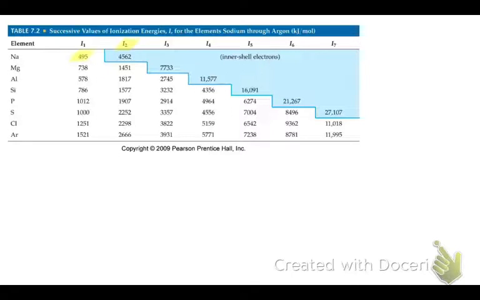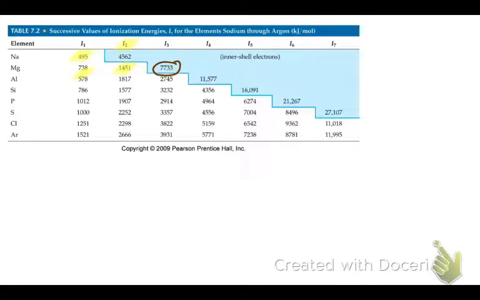Now look at magnesium. The first two, there is no huge jump between the 738 to 1451. But look what happens to the third one. Huge jump. Why? Magnesium has two valence electrons. The third one comes from the core.